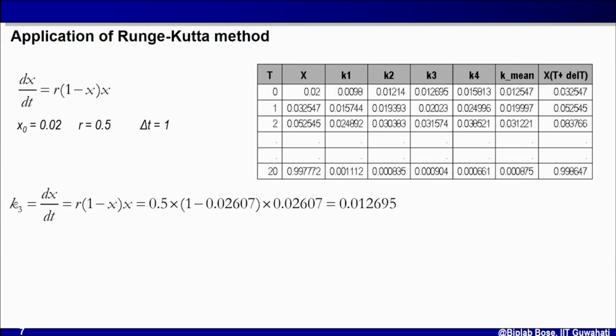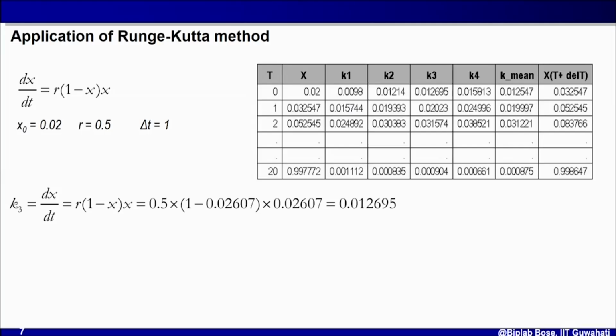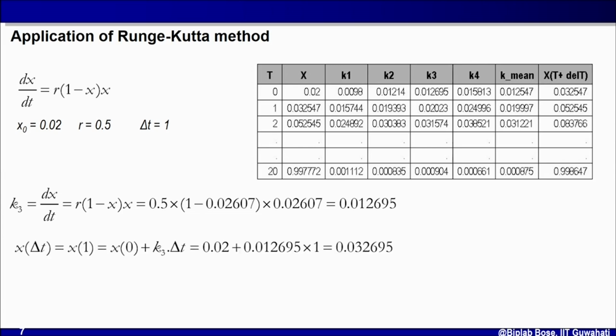Now I have to estimate the value of K4 using the value of K3. So using the value of K3, I draw a line at t equal to 0 and extrapolate it up to delta t. So the value of x at delta t, that is x at 1, is equal to x at 0 plus K3 into delta t.